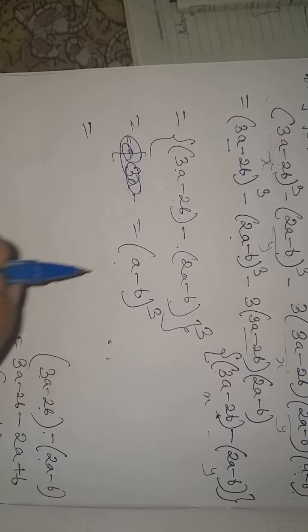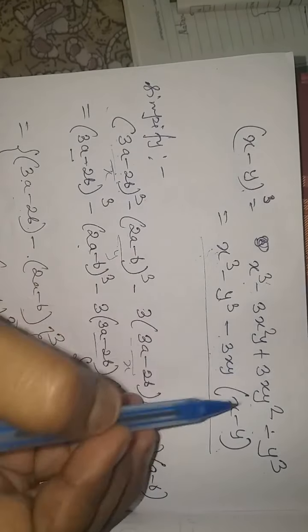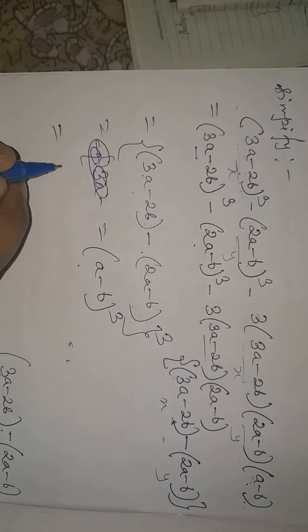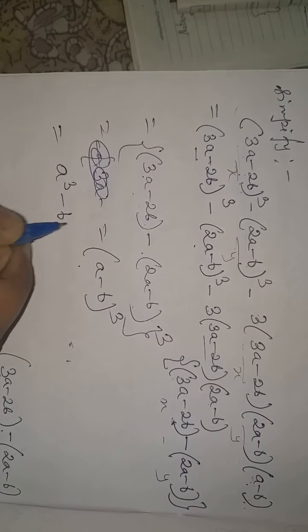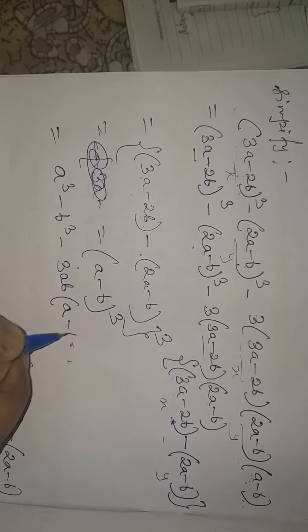Now you just put it in the formula, either this formula or this one, but this one will be better because otherwise you have to multiply again. So you can put it directly in this formula: a cube minus b cube minus 3ab(a minus b).